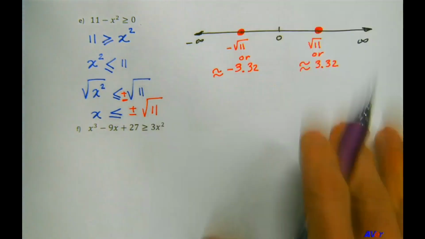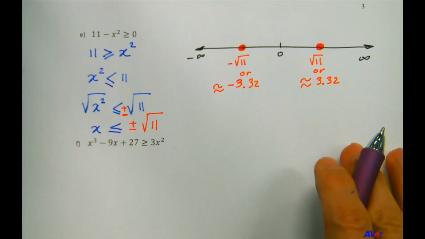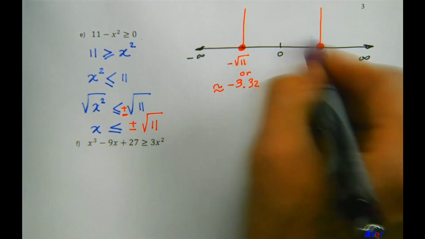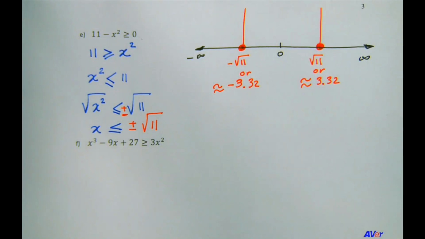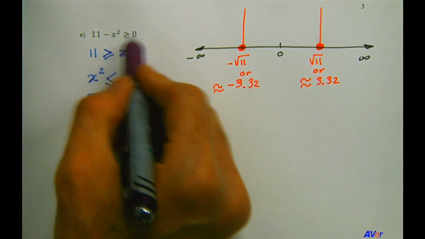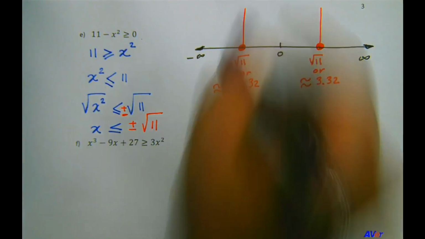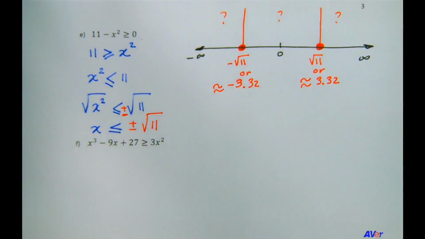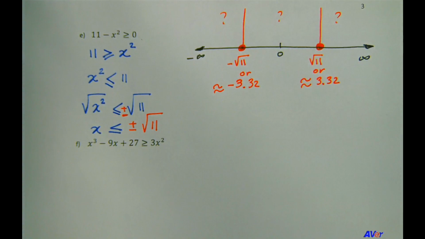Okay, so let me put a solid line on top of these. So negative square root of 11 and positive square root of 11 are going to be part of the final solution. We know that, okay, because the left side can be equal to 11. Now we need to test each region here. There are other ways of doing this, but to be consistent with what I've been showing you so far, let me take this route.